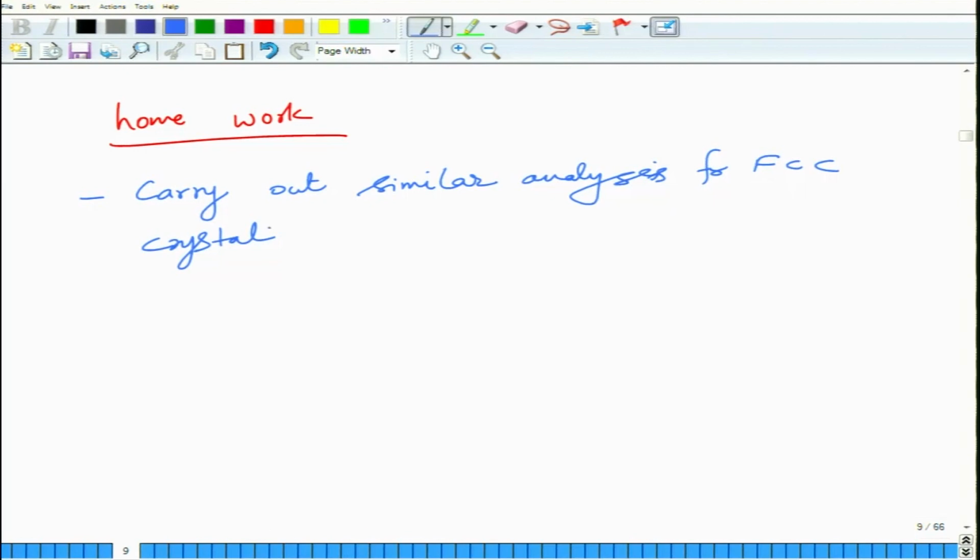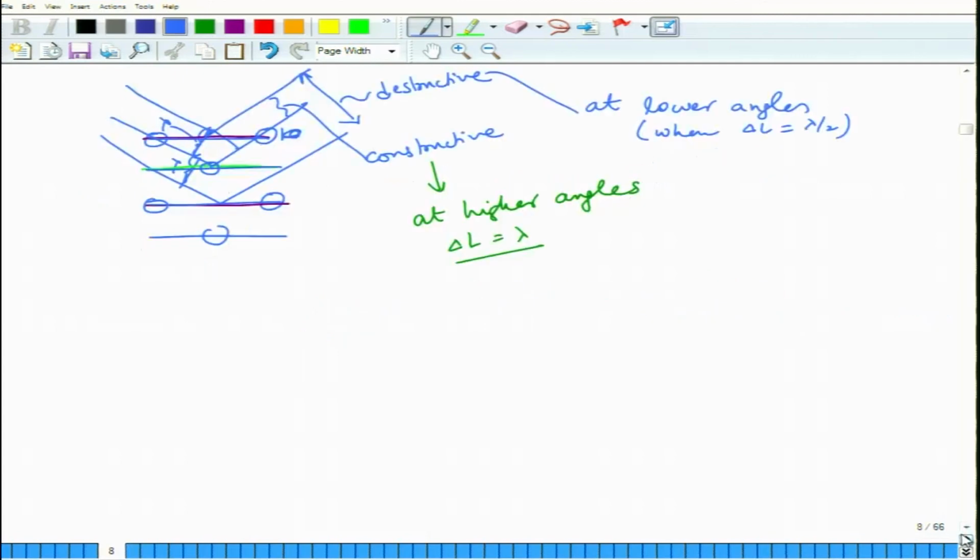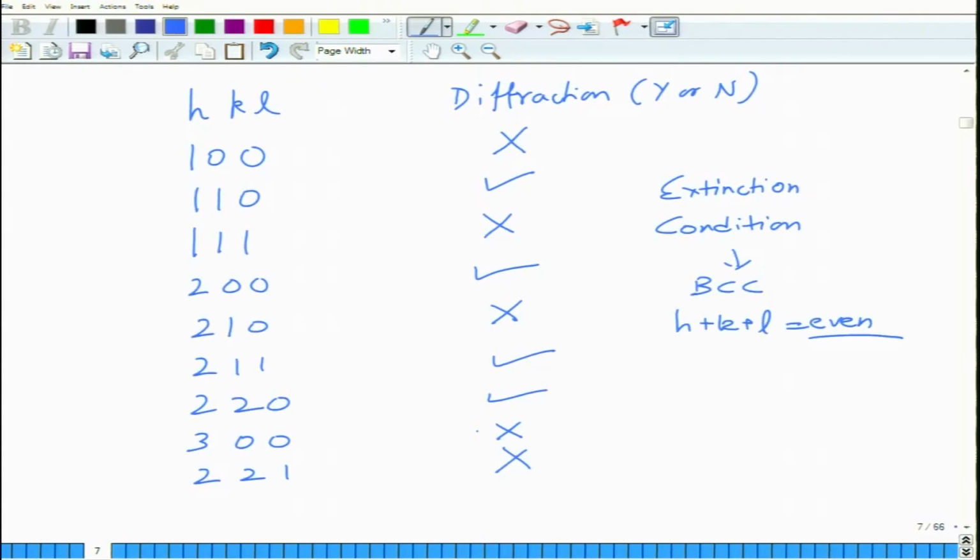So for FCC crystal, I will give you the answer. The answer is HKL should be unmixed, that is all even or all odd. So if I go to the previous slide again, this is for BCC.